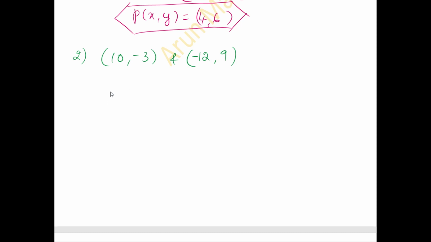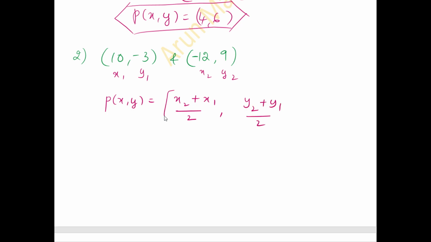Now we have the second question, 10 comma minus 3 and minus 12 comma 9. We should find out the midpoint of these points. Consider 10 comma minus 3 as x1 y1, and minus 12 comma 9 as x2 y2. What is the midpoint formula? P of x comma y equals (x2 plus x1) by 2 comma (y2 plus y1) by 2.